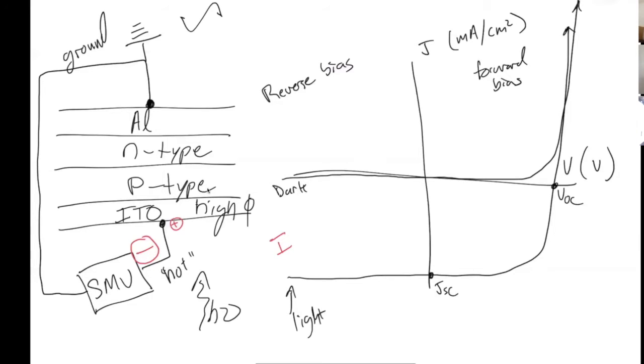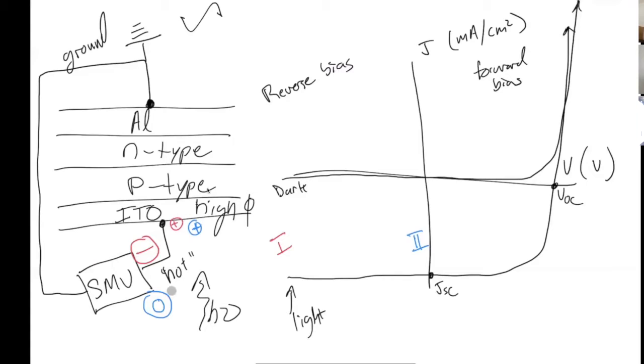Let's now think about region 2. And at region 2, we have no bias going in. So we have, let's say, zero bias going in, neither negative nor positive, but we still have this positive coming out.